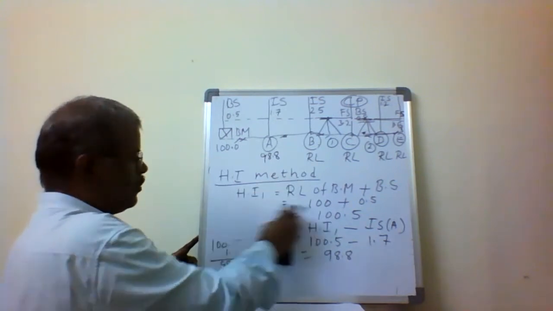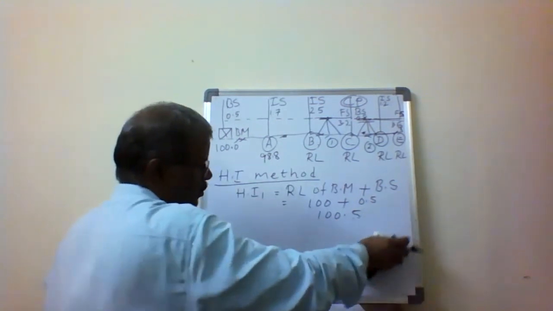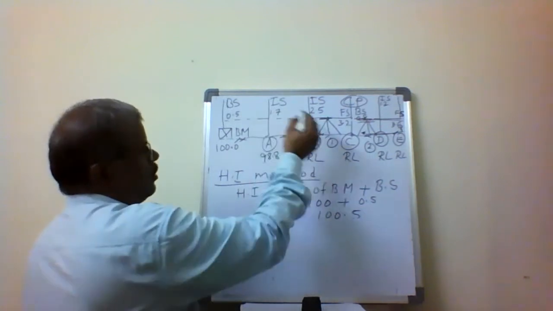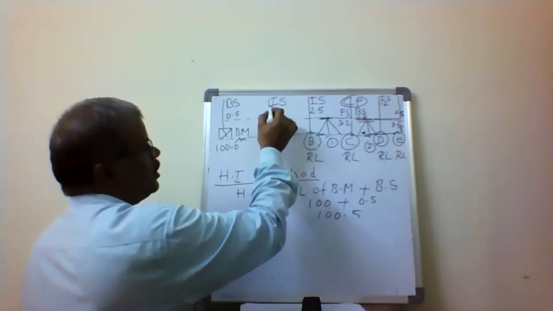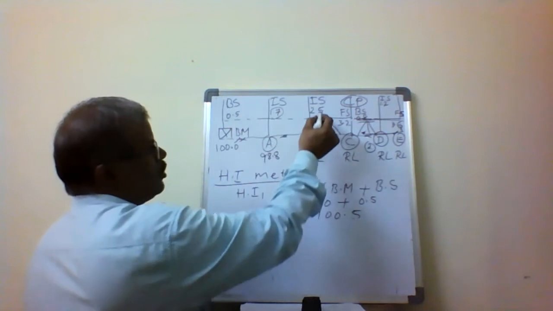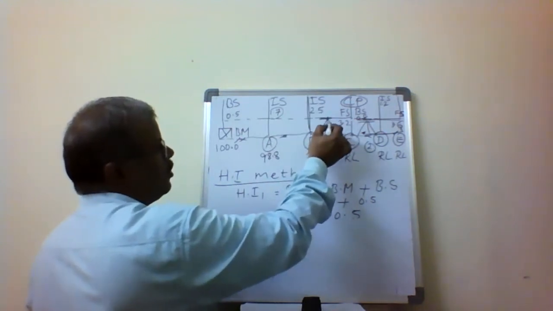So your height of instrument is 100.5. The readings are taken from this setup only, that's why we are taking the height of instrument 1. The next, second reading is also taken from this setup.